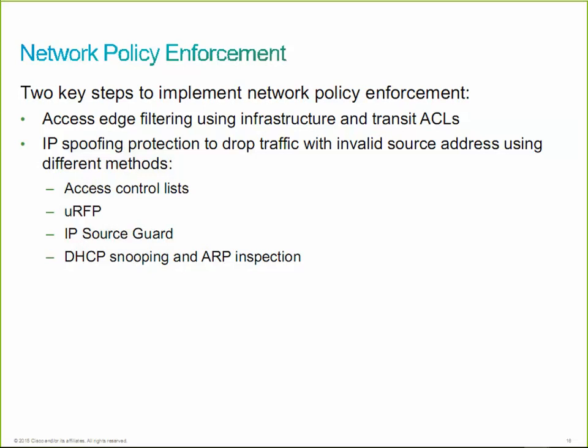If I have a packet that arrives on a router on gigabit Ethernet 0/0, and that packet is sourced from x.x.x.x, I am going to look into my routing table, and I'm going to see if I have a route to network x.x.x.x, and if that route matches the interface that the packet came in on.